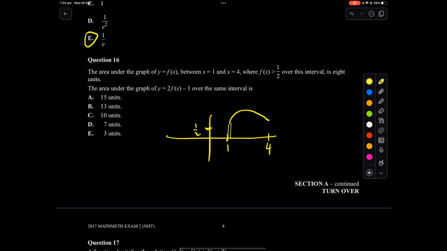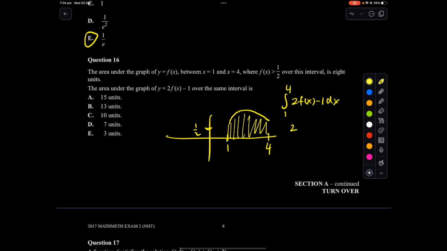So we know that this area over here is 8, and we want to find the area of this, so it's just the integral. It's going to be the integral from 1 to 4 of f of x minus 1 dx.